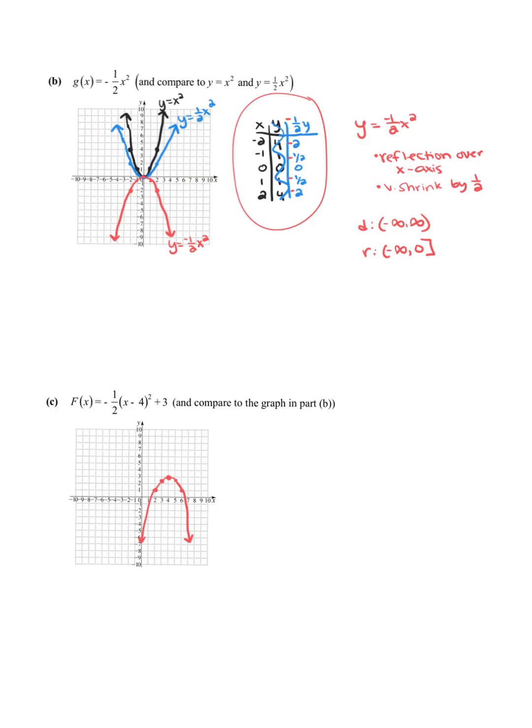So compared to the graph in part B, we had a horizontal shift to the right 4 and a vertical shift up 3. And the domain for this graph would be negative infinity to infinity, and the range would be from negative infinity up to 3.